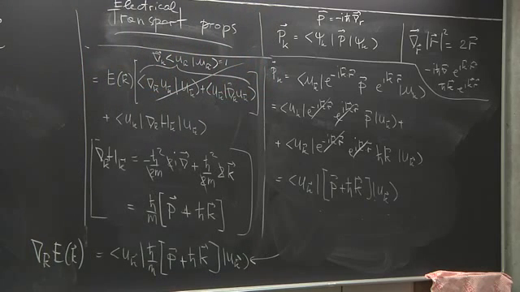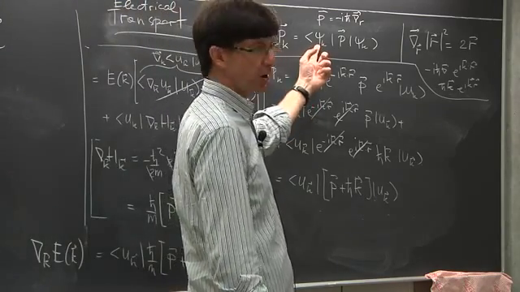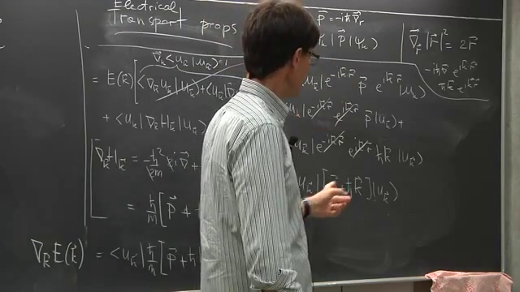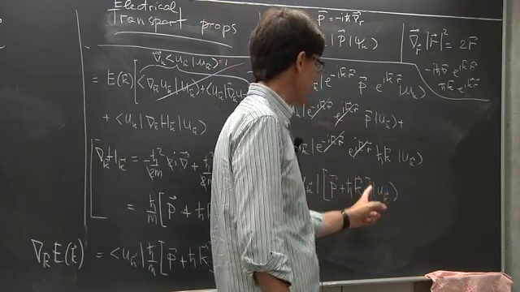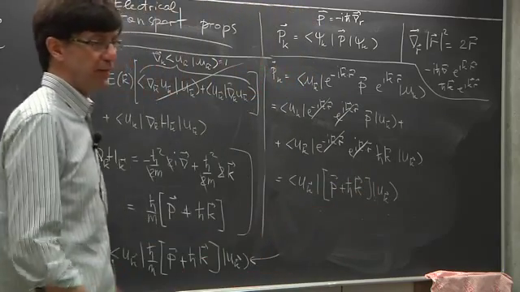So once again, you don't need to calculate velocities or momenta using the full Bloch function, but you can do it using only the periodic part, as long as you remember to replace the momentum with this modified operator.